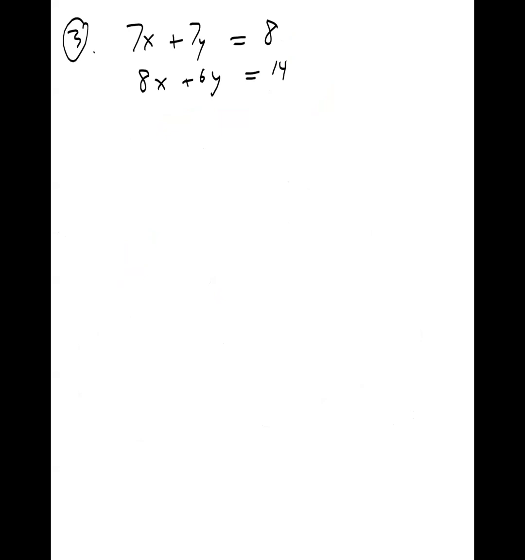So let's go ahead and find the determinant of the left side square of 4 numbers. 7, 7, 8, 6, which equals 42 minus 56, which equals negative 14.